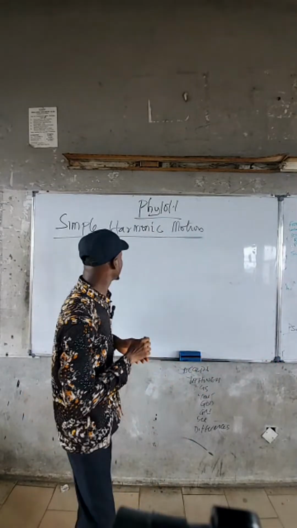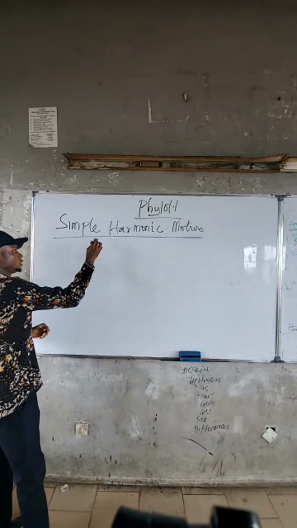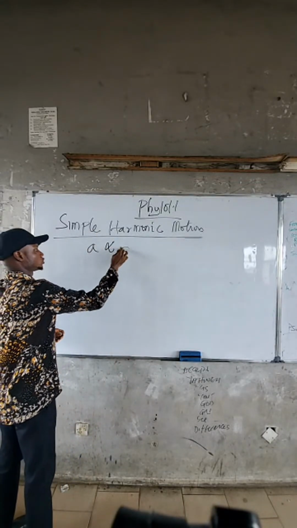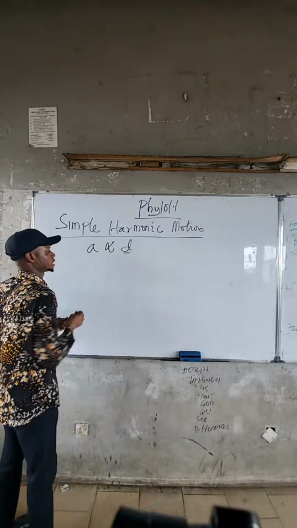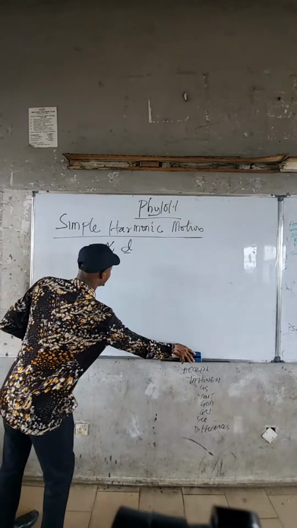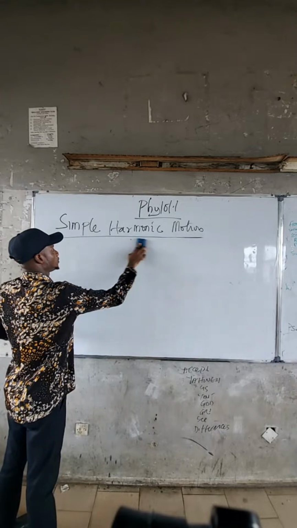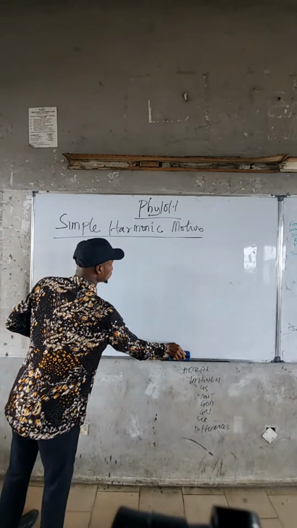That means the acceleration here is directly proportional to the displacement, and this displacement must be at a fixed point. So that is the first point in the simple harmonic motion definition. Now let's look into the next one.